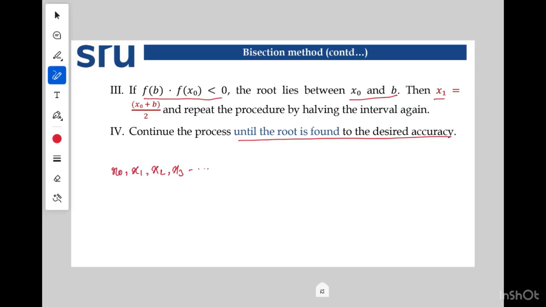So basically now we have a sequence of approximate roots. Now suppose alpha is the exact root of f(x) equal to 0, then this sequence converges to alpha after some finite number of terms. So this is the concept of the bisection method.